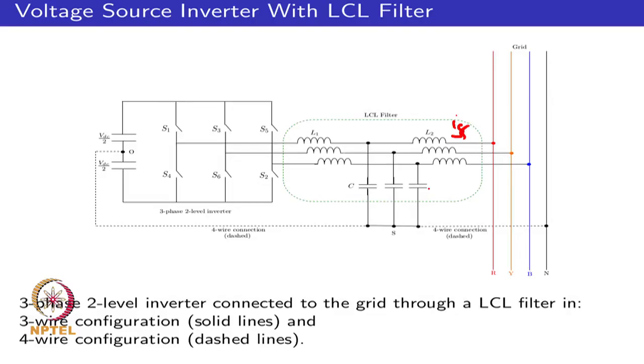So, if you have a filter design that meets the standards for the 3-phase 4-wire case, it would typically meet the requirements for the 3-phase 3-wire situation also. So, we will consider the 3-phase 4-wire power filter to be a typical filter which we would then look at in detail.